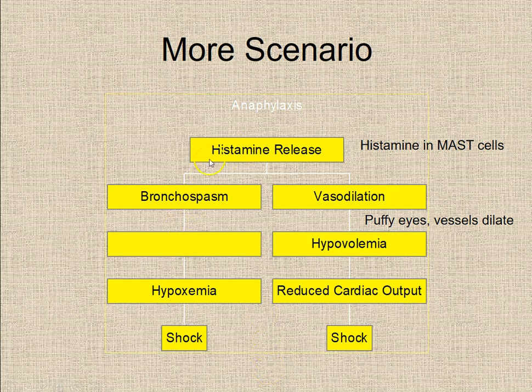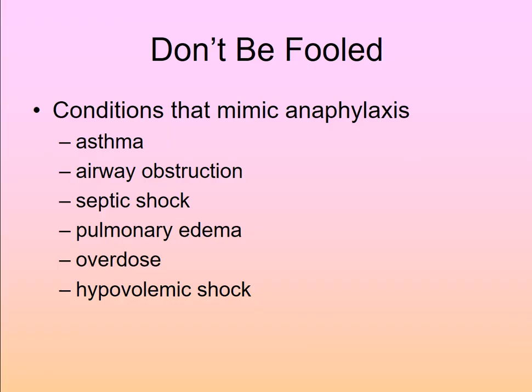So it's either way. You can die from airway closure, or you can die from vasodilation. The most threatening of those is the vasodilation. That's the one that kills people most often, and bee stings and peanut allergies are the common ones in the EMS world that we're going to encounter today.